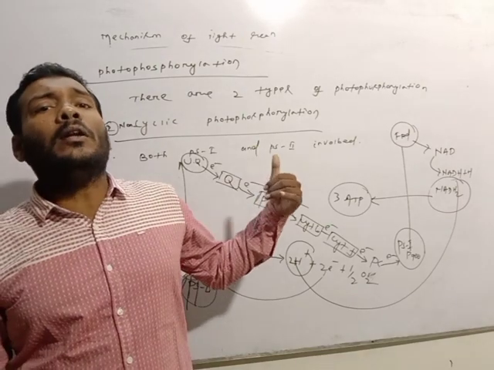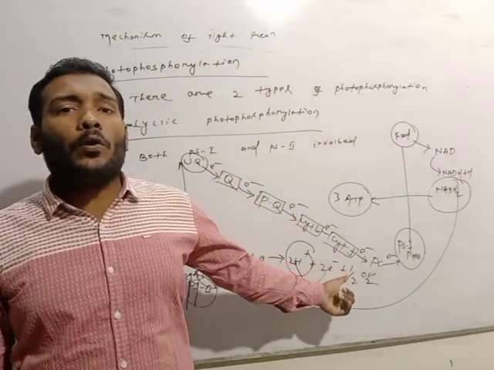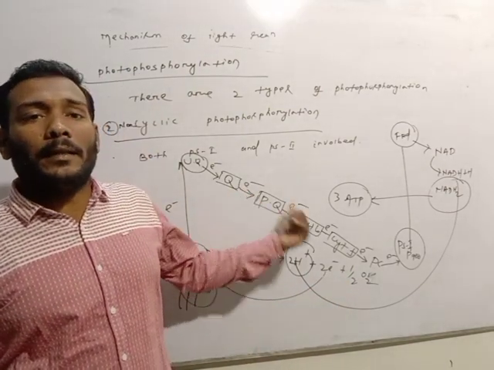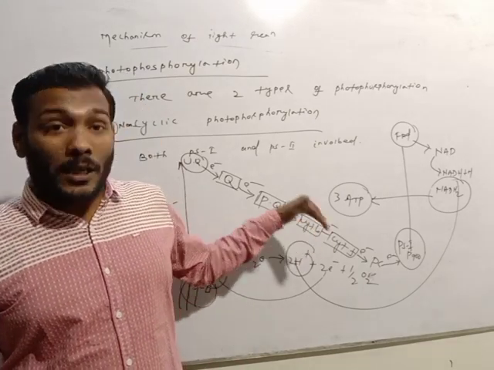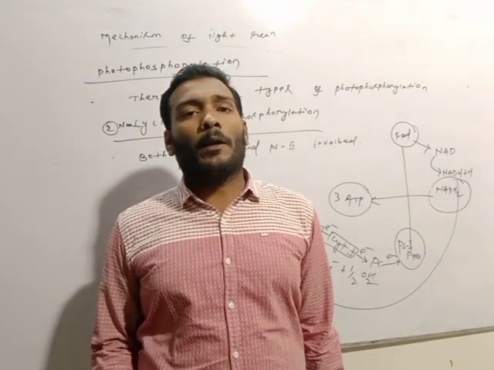Then it goes through a series of electron carriers. If that electron comes back to the reaction center from which it was expelled, the reaction is known as cyclic photophosphorylation. If the electron does not come to the same reaction center, it is known as non-cyclic photophosphorylation.